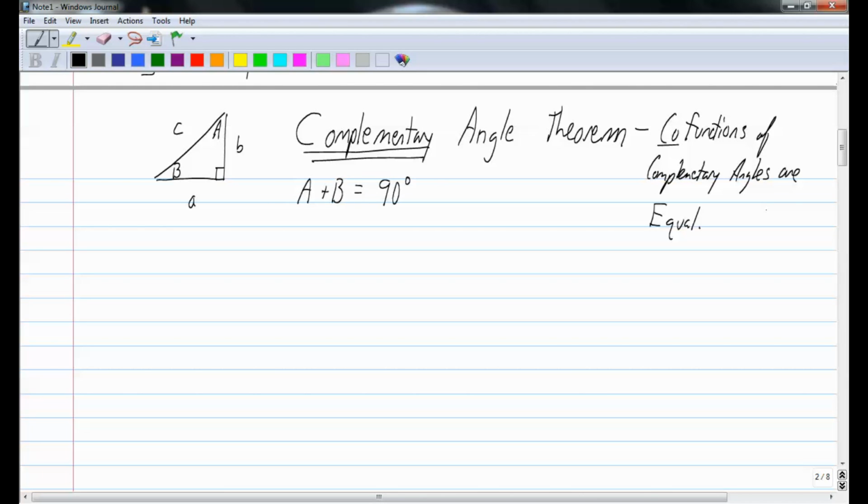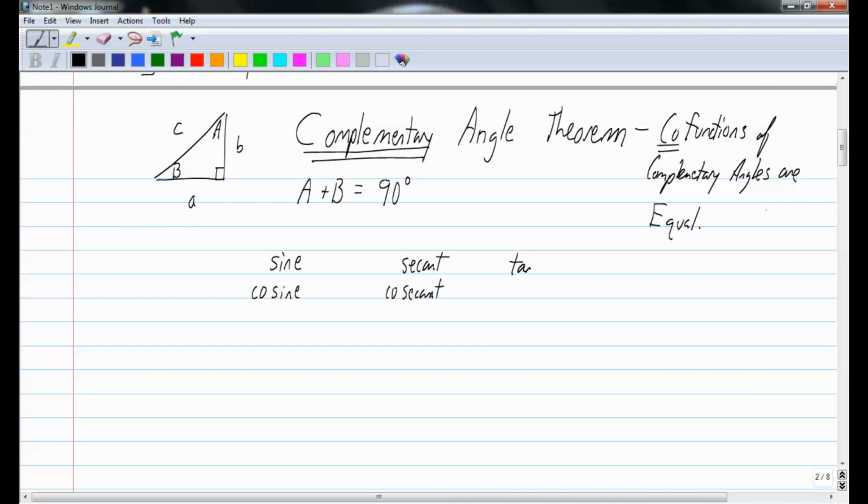But what are cofunctions? Well, let's think about the trig functions, just the way that we pronounce them. We have a sine function, and we have a cosine function. We have a secant function, and we have a cosecant function.